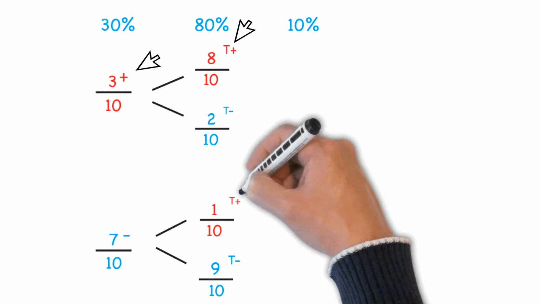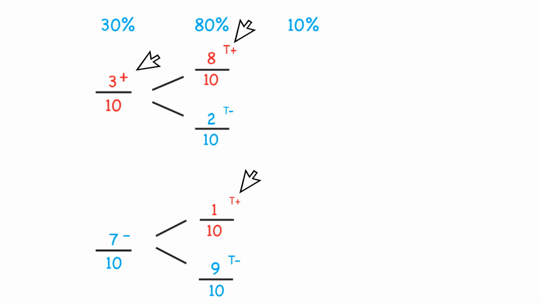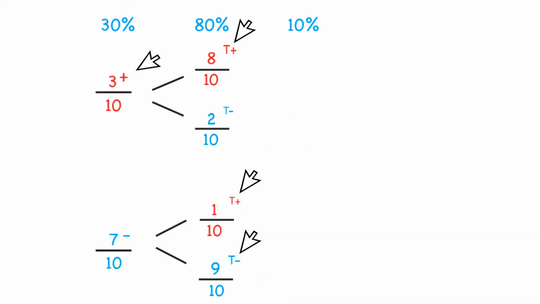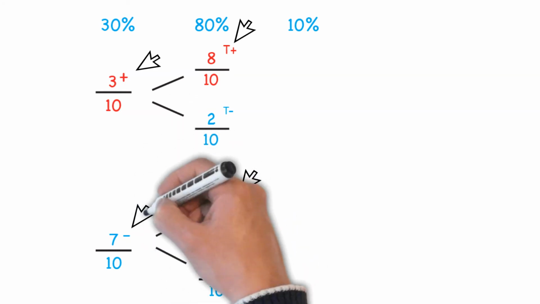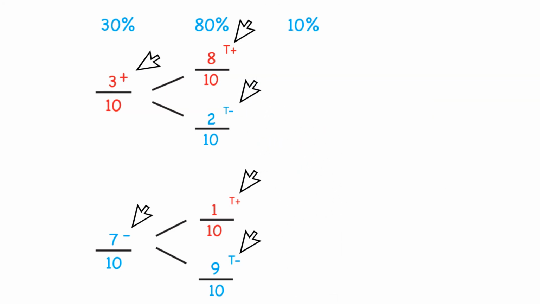And so again here, testing positive. And then we'll also look at the negative ones. This means you tested negative. This means you really are negative. This means you tested negative. So just look at those again for a moment.